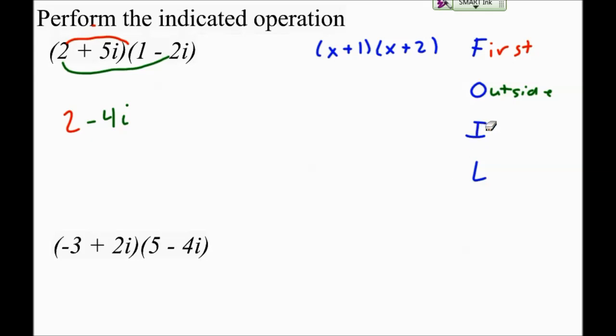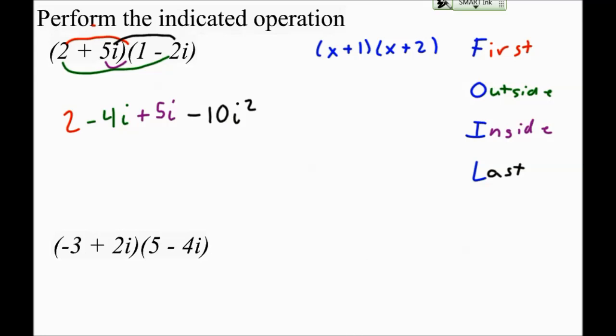Next, I'm going to multiply the inside terms. It's going to be 5i times 1, so that gives me plus 5i. And last but certainly not least is multiplying the last terms. I'm going to have 5i times -2i, which gives me -10i squared.